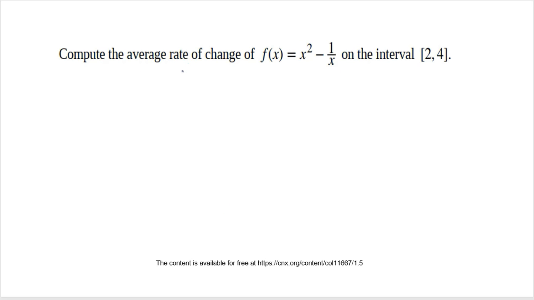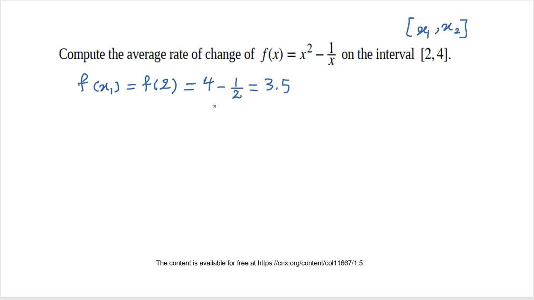is equal to -1. Compute the average rate of change of f of x is equal to x squared minus 1 over x on interval 2 and 4. So this one is x1, this one is x2, and f of x1 is equal to f of 2 and that's equal to 2 squared, 4 minus 1 over 2 is equal to 3.5.